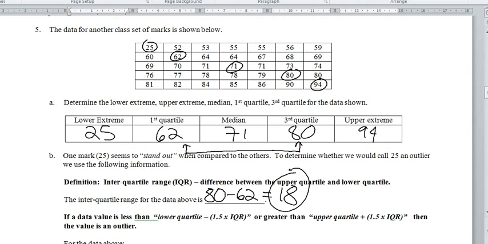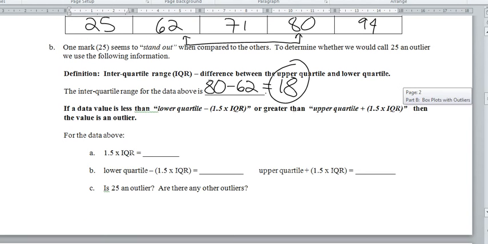If a data value is less than the lower quartile minus 1.5 times the interquartile range, or greater than the upper quartile plus 1.5 times the interquartile range, then the value is an outlier. So looking at the data above, 1.5 times the interquartile range is 1.5 times 18, which is 27.